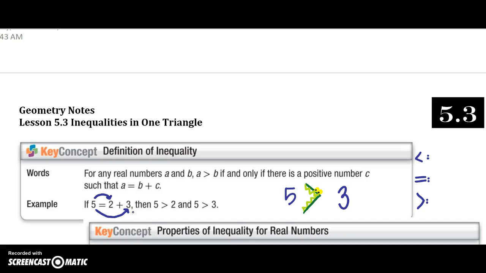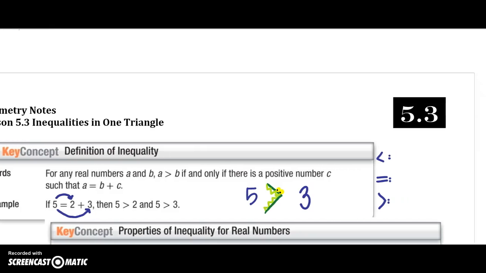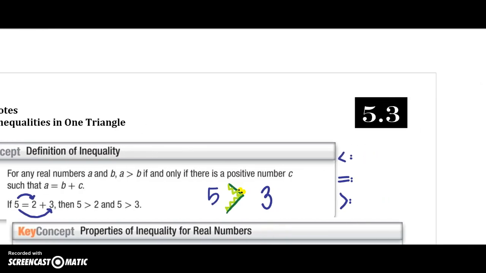That's how I keep my inequality signs straight. If my symbol looks like this, I would say it is less than. We know this is equal to, and we would call this greater than.